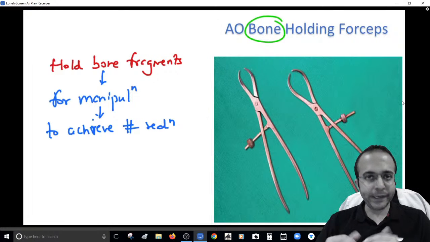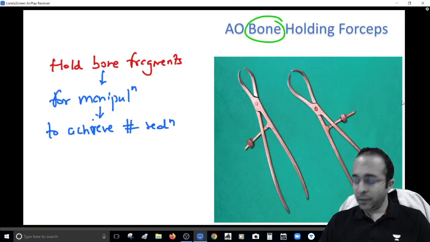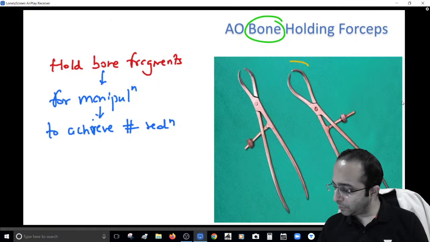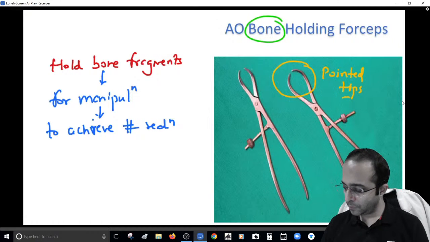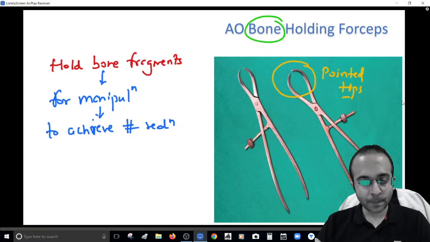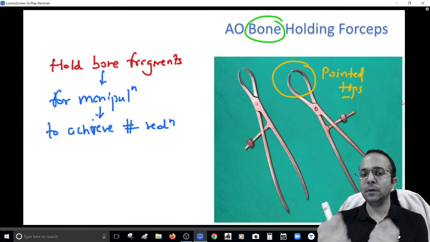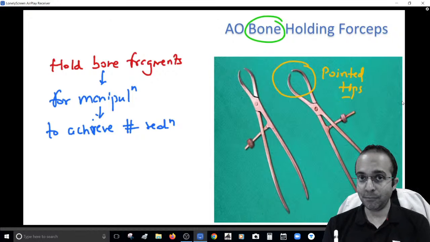Now when you are operating upon a fracture, you first have to hold the bone. So with these pointed tips, you will be holding the bones. You will be moving the bones to align them.